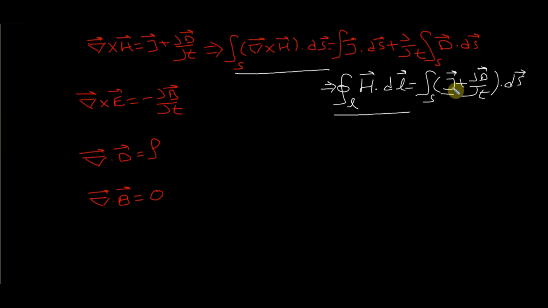This is the vector quantity J, the current density, and this is the displacement current. So we will see the basic definition of these equations. So this is the first equation in the integral form.